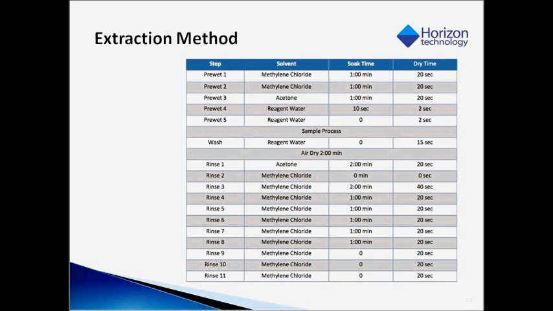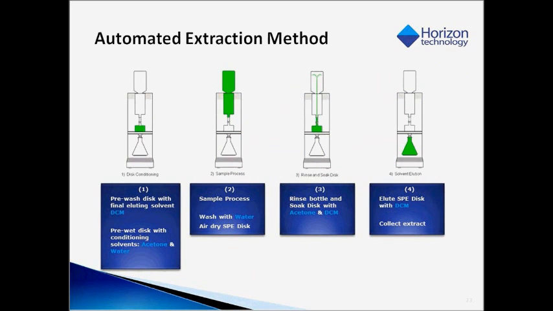The same extraction method can also be visualized in a schematic way. The first step consists of conditioning the SPE disk with the final eluting solvent, then acetone, and finally finishing with water. During this pre-wet cycle, the SPE disk holder is shown in green because this is where action occurs.